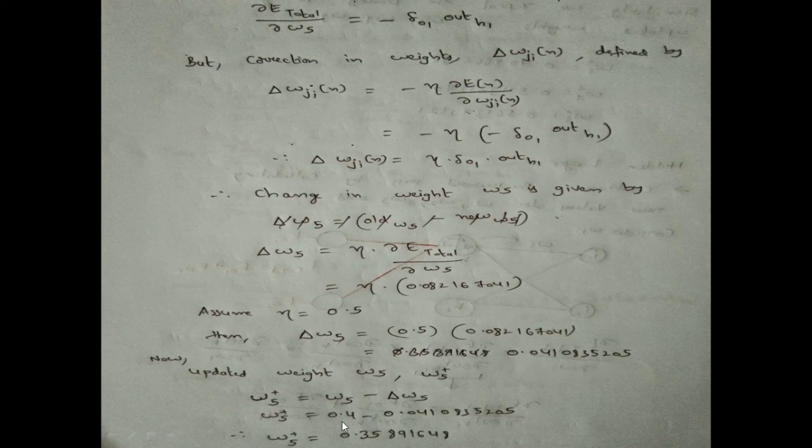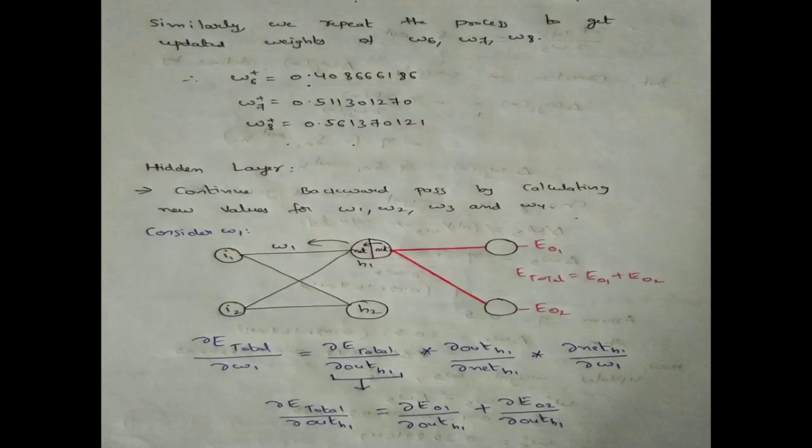We subtract this value from this value, so the final updated value will be 0.35891648. The previous value of W5 is 0.40, but now the updated value has become 0.35891648. In a similar manner, we can also update the weights of W6, W7 and W8.